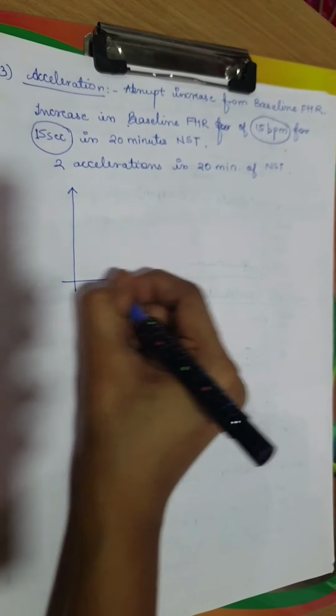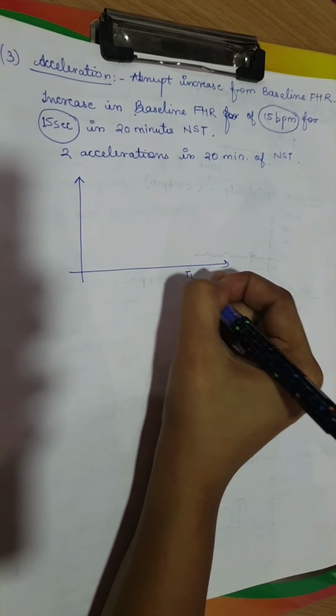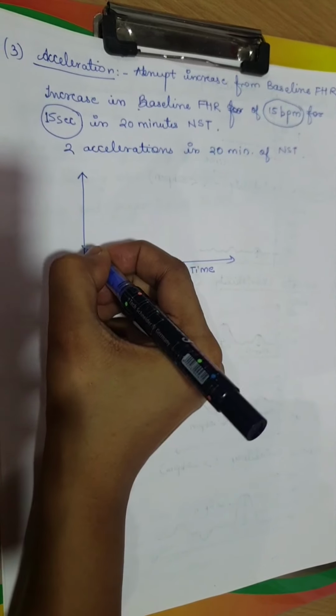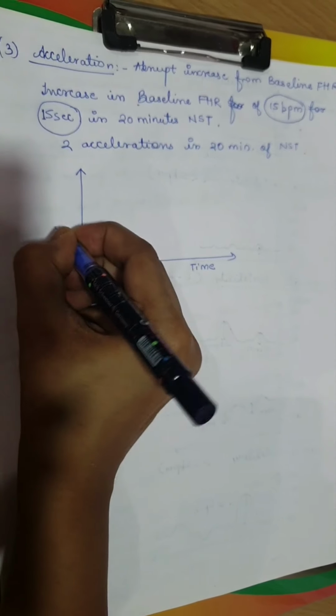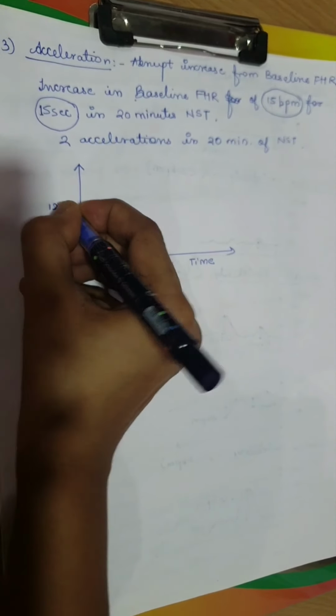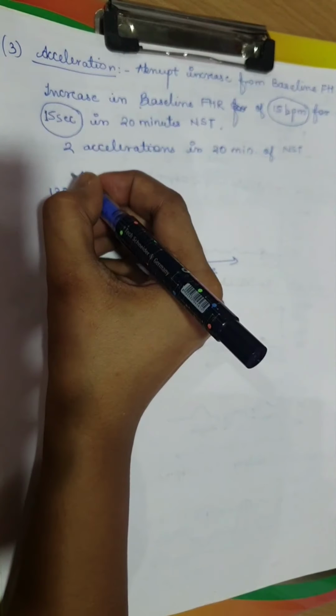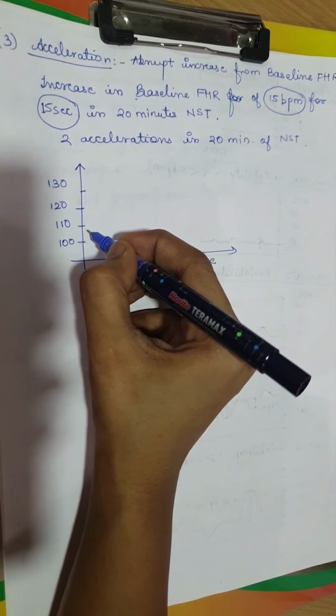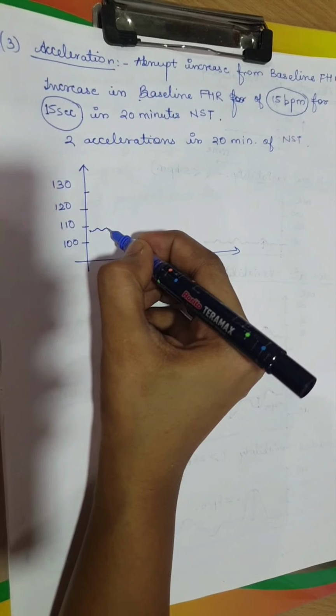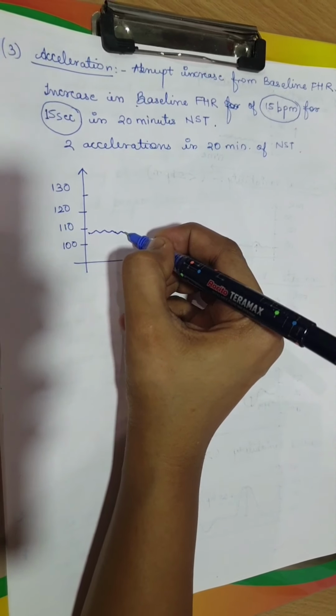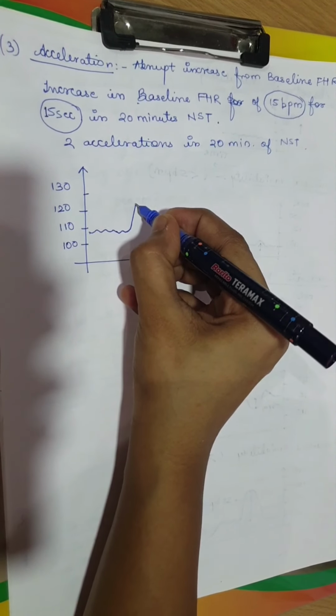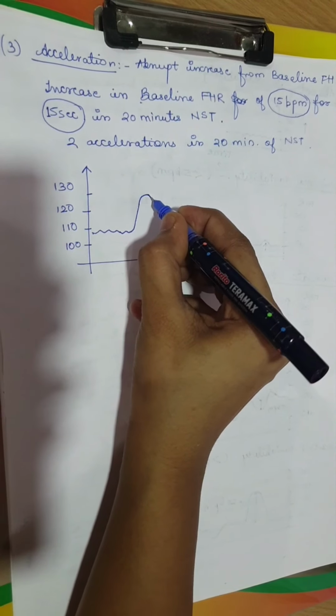So if this is the graph, this is the time, 100, 110, 120, 130 and so on. This is the baseline, then it should increase up to here.